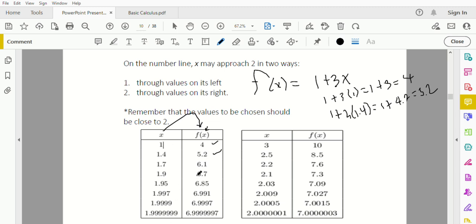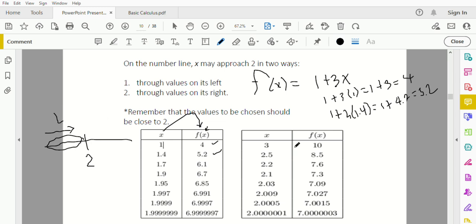From 1.9 up to 1.9999, we have 6.9997. Now, this is from the left of 2. If we have a number line and this is 2, then 1, 1.4, 1.7, and 1.99 are all from the left side. So this is as x approaches 2 from the left.